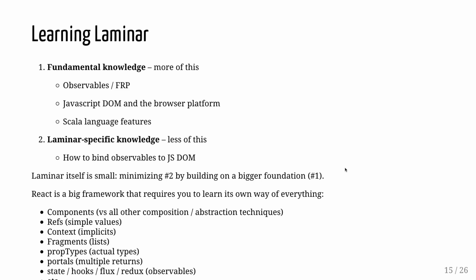So I prefer not to download like 200 packages for every little thing, and just to learn the way of doing things natively, because it is pretty easy at this point. And Laminar actually promotes this. We expose the .ref on every element, and then you can do whatever you need to it using native JavaScript methods. And you will find that those are not as scary and not as cumbersome as you might have thought for a lot of tasks.